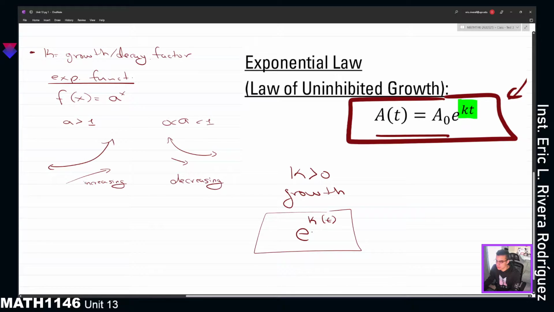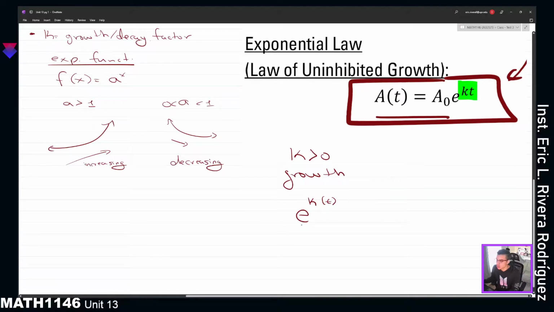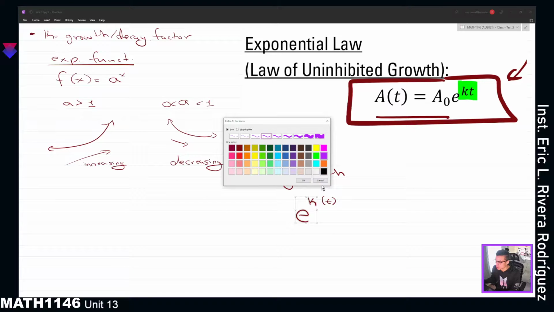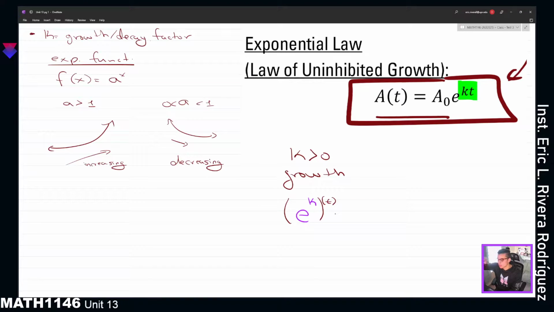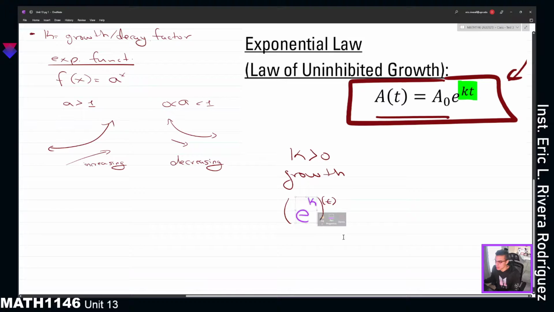Let me change colors. We can see this exponential part as a raised to the power of k, e raised to the power of k.